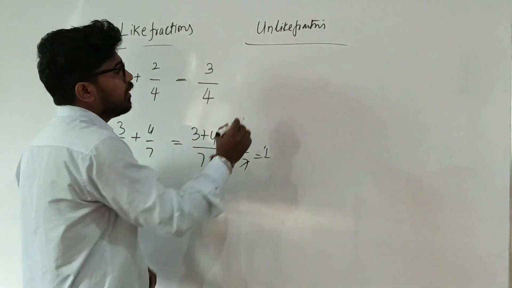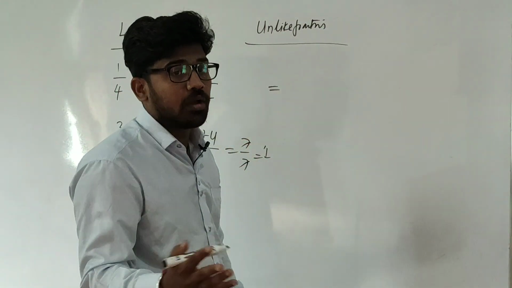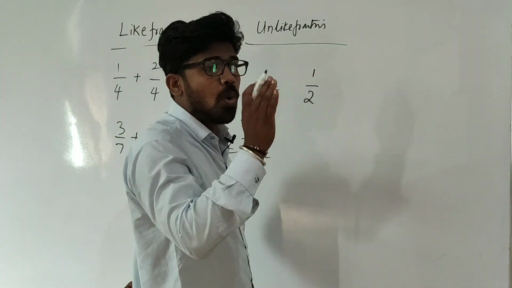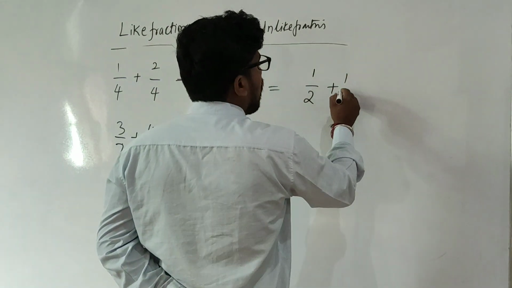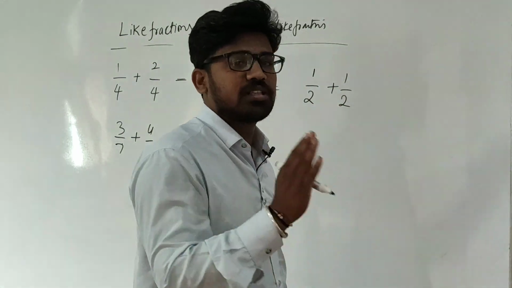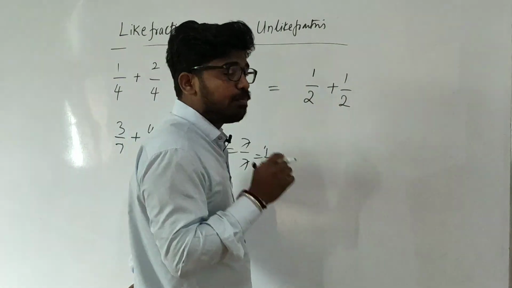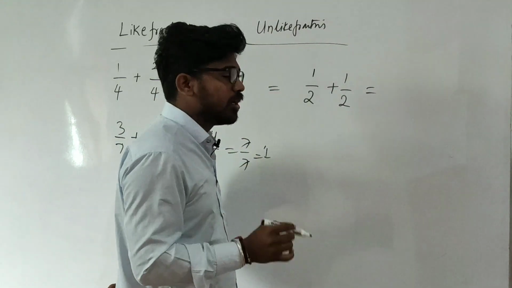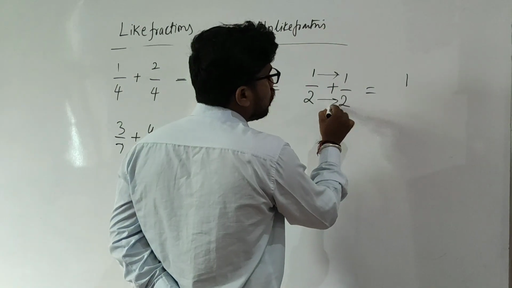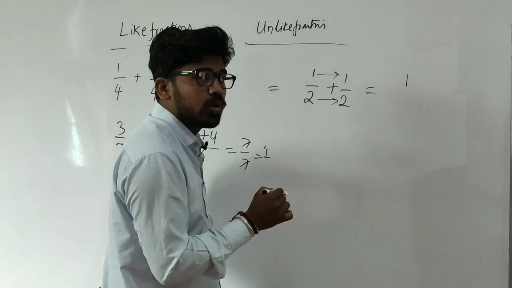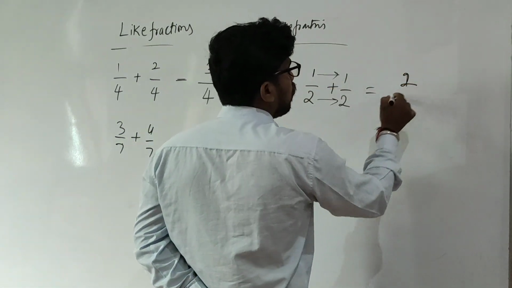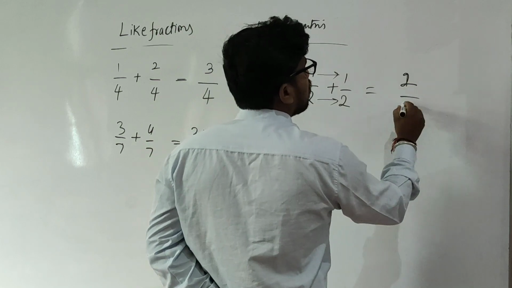So you may have a doubt why we do it like this. I will give an example. Why don't we do it like a multiplication, as we did for the division? I will take the example of half. Half can be written as the fraction 1 over 2, plus half. So what do we get? Half plus half is full, that is, half plus half is 1, right? Suppose we follow the multiplication rule, that is 1 into 1 is 1 and 2 into 2 is 4. Sorry, we have to follow the addition here. 1 plus 1 is 2 and 2 plus 2 is 4.